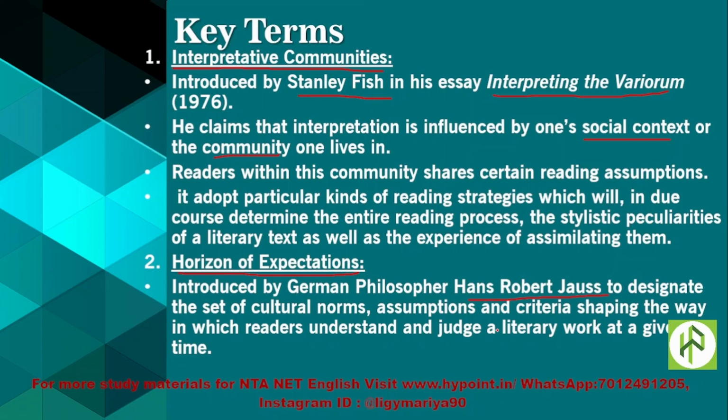How we are reading The Jungle Book is different from how European people are reading The Jungle Book by Rudyard Kipling, because the assumptions that we Indians have, the cultural norms that we have, and how we are associating and perceiving this work is different. So the criteria shaping The Jungle Book for an Indian reader are different from those of a European reader. The judgment given to this work is different for every distinct reader. So that is horizon of expectations.